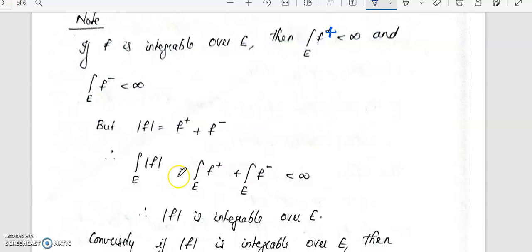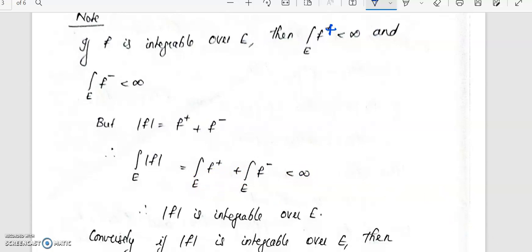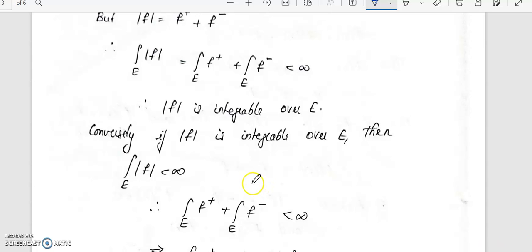So that's a non-negative measurable function. So that will be equal to integral f plus integral f minus. So that is less than infinity. So if f is integrable, integral f plus f minus less than infinity ആയിരിക്കും. So integral over E mod f also will be less than infinity. So mod f will be integrable over E.